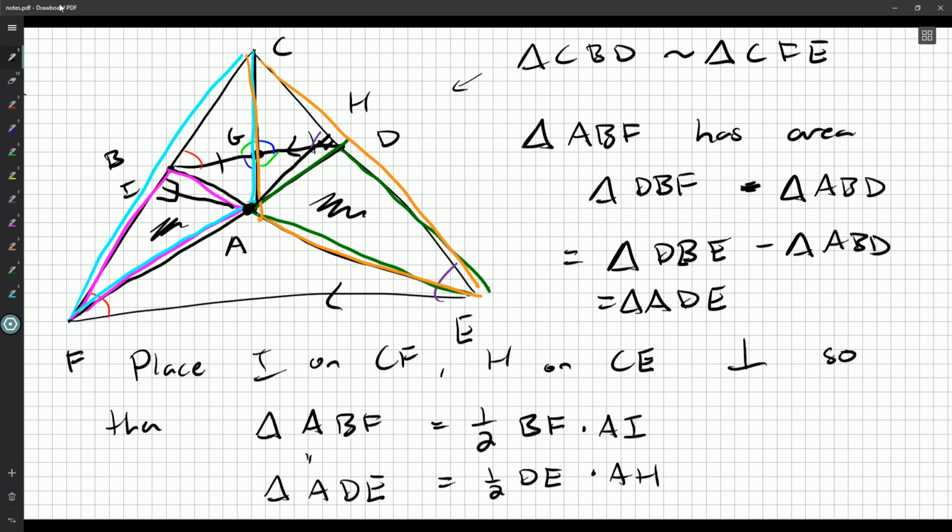Okay. So that's a nice relationship. That's sort of a nice fixed ratio here. We could rearrange this, I suppose, if we wanted to.